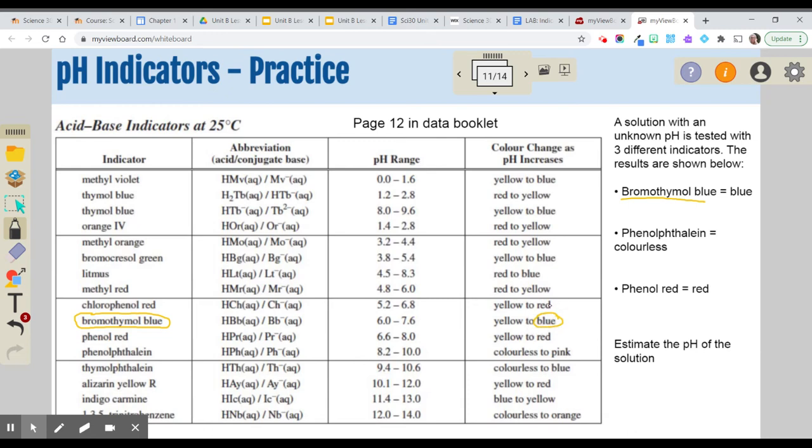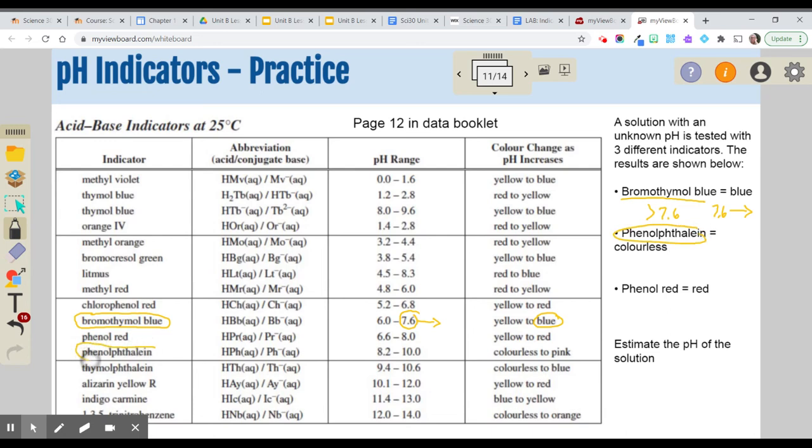So what does that tell us about the pH? Well, this indicator says it's blue when it's 7.6 or above. So I know that our pH has to be greater than 7.6. I'm going to write it like this, 7.6 or above. We also took the same unknown solution and tested it with phenolphthalein.